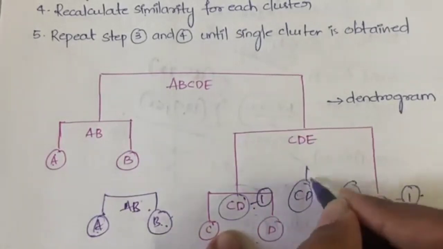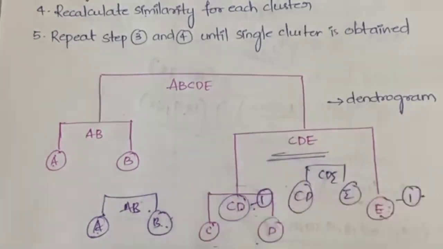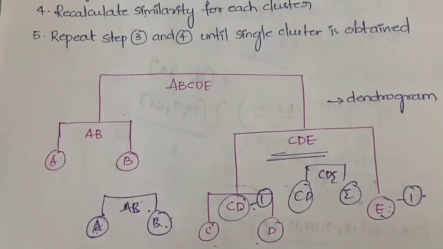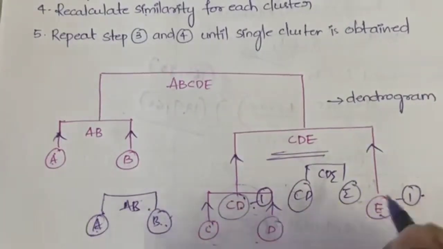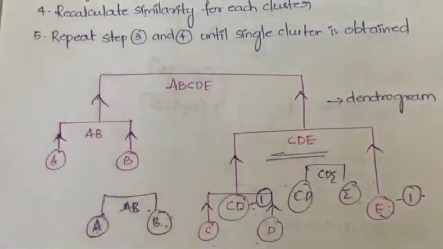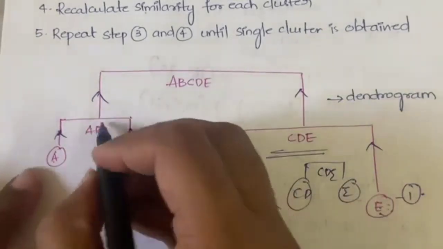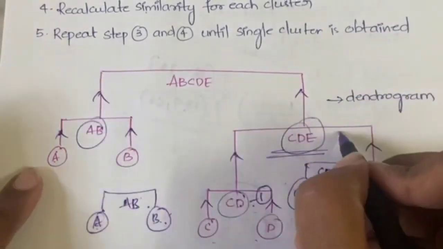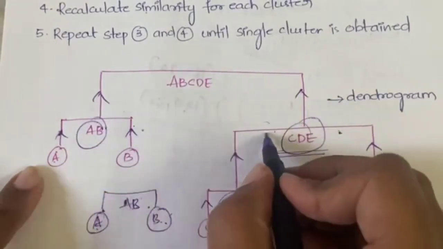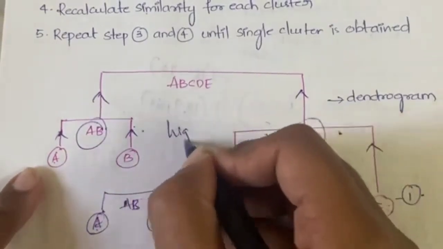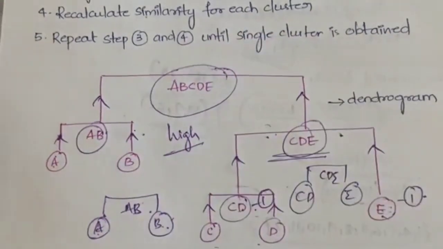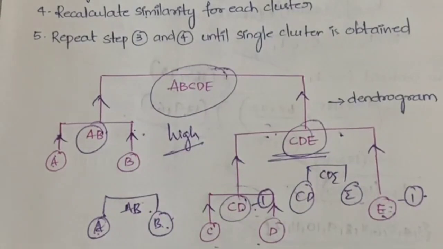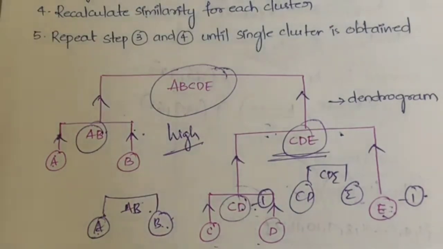So C, D, and E. Then the line of merging goes up. In the dendrogram, AB and CD are the highest similarity clusters. So that is what we call A, B, C, D in the dendrogram result.